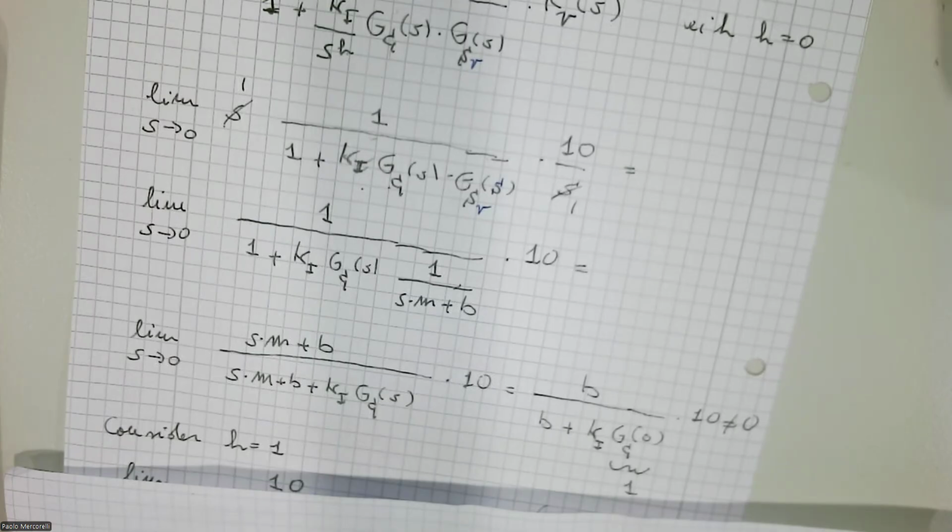I don't know if it's clear what I did. I think so. It's math from gymnasium. I have a binomial expression, s multiplied by M plus b, a first-order polynomial, excuse me.